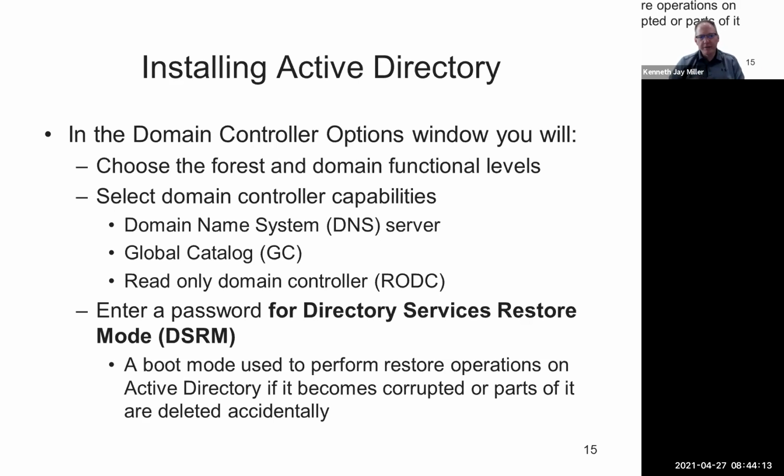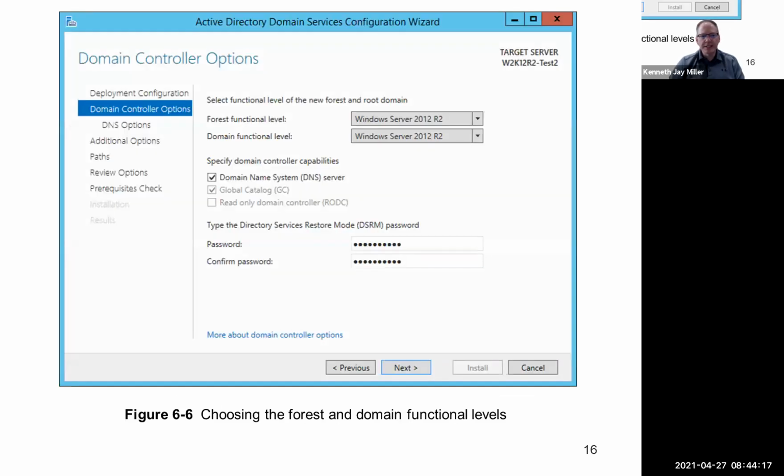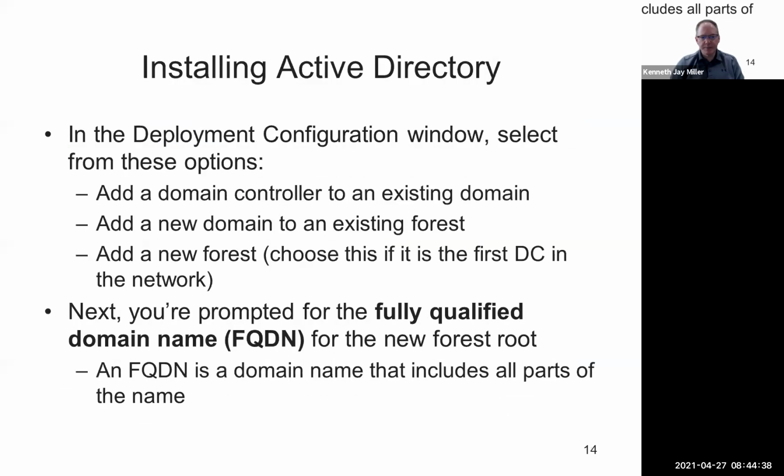So once we have our first one, it always has the global catalog on it. If we were to install a second domain controller, we would have the option to uncheck that. We may not want that one to synchronize or replicate the global catalog for whatever reason. Normally, you want the global catalogs distributed evenly across your domain. All right, and then you put in the password.